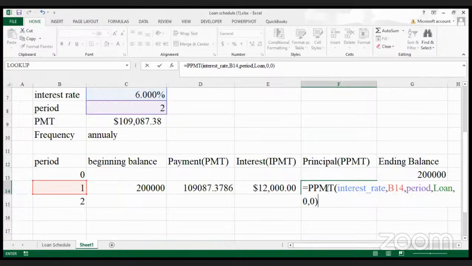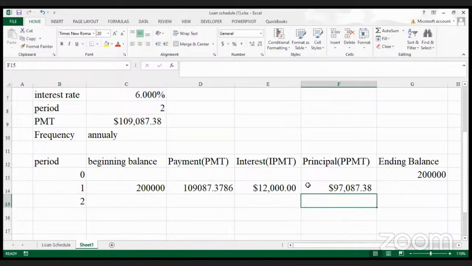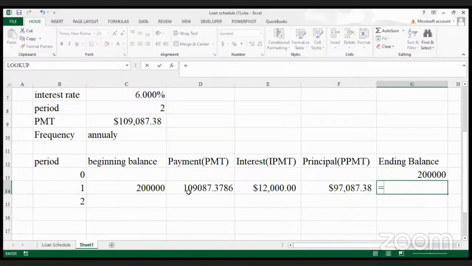But then principal is cash outflow, so we introduce a negative there to get the answer. Ending balance is equal to beginning balance minus principal amount.